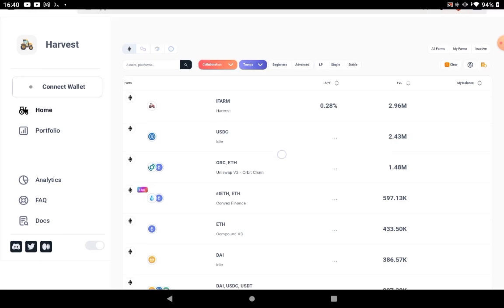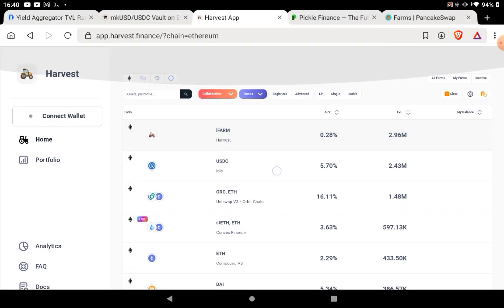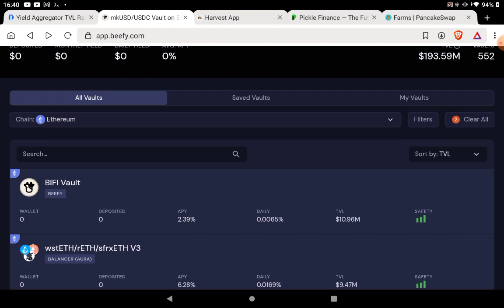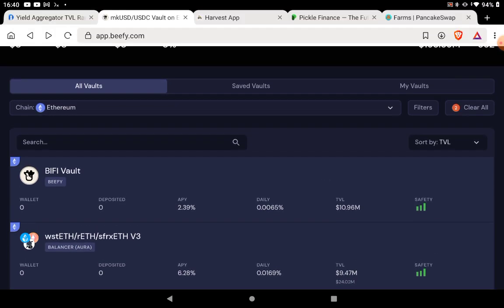You see, this one here, the first one that they chose, it's iFarm, which is the equivalent of Beefy's Beefy Vault. And then there's wrapped ETH. It's a try pool. It's all different types of ETH token.